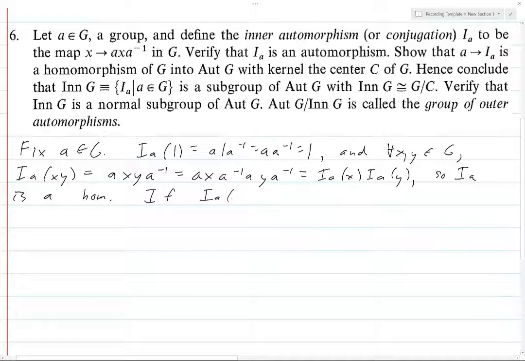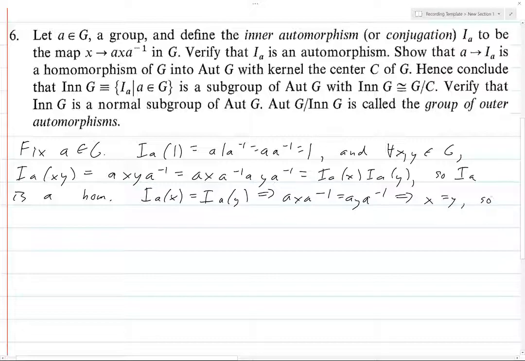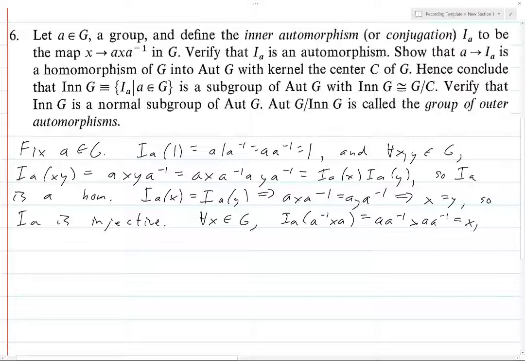If IA(x) is equal to IA(y), this means precisely AxA inverse equals AyA inverse, and then just canceling yields that IA is injective.